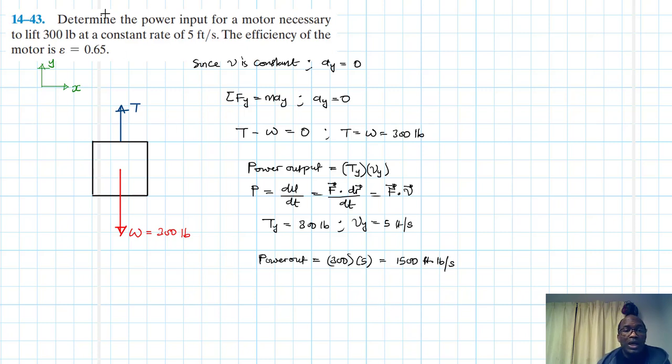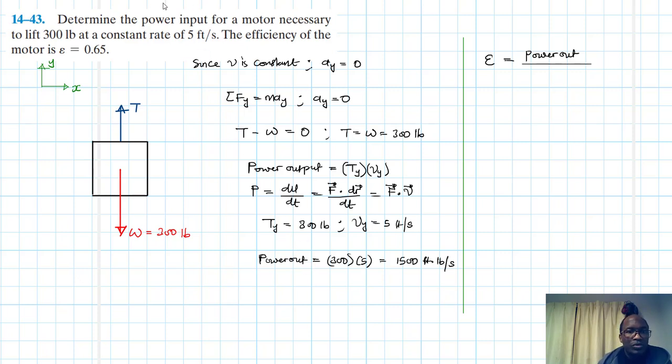Once we have this, we'll need to use the equation for efficiency. Efficiency is just the ratio of the power output to the power input.